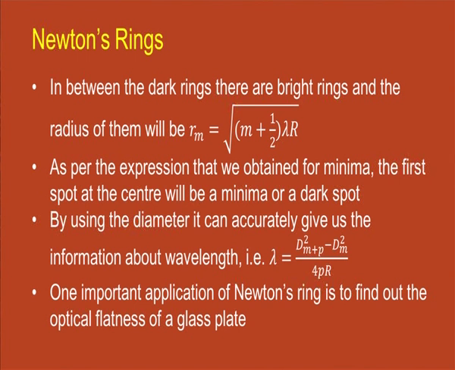By using the diameter, it can accurately give us the wavelength, that is lambda is equal to (Dm plus p square minus Dm square) divided by 4pR.